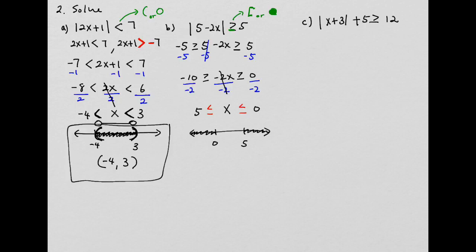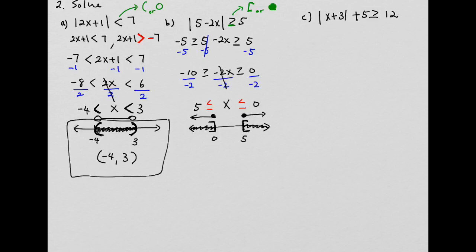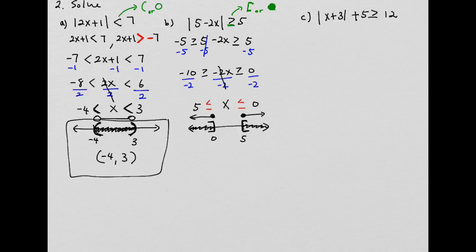And with the equal sign, we're going to use the bracket or a closed circle. So if you use a closed circle, it will look like that, right? And how are we going to write this in interval notation? Well, if you have two sets of solutions, we're going to use OR. So it will be one with the bracket, and when it goes all the way to negative infinity or positive infinity, we're going to use the parenthesis because we don't know what last number it's including, right?